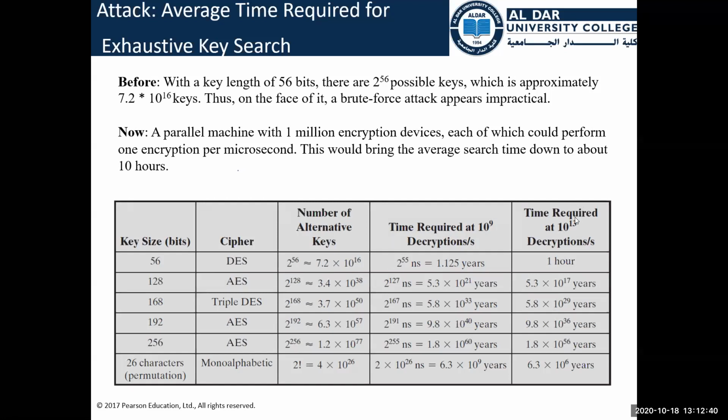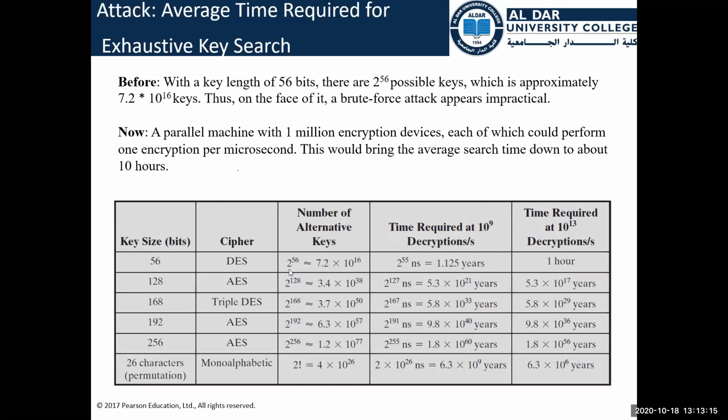But now we have improved the performance of computers with parallel processing, cloud computing and clustering. I know about all of these because you are from a hardware background. We have advancements in this field. Now we can get 10 to the power 13 decryption per second. This leads to 1 hour only. For 1 hour only, we can try the brute force attack.